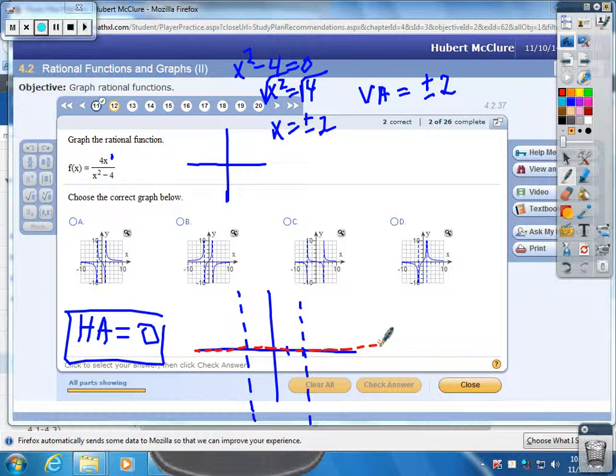Let's see, what are these? This is 2, 4, 6, 8, 10. This is wrong. Why? Because we established positive, negative 2, instead of positive and negative what? 4. What's wrong with this one? Wait a minute. 2, 4, 6, 8. Okay, that was okay. I was thinking it was 1. Okay, so far this vertical asymptote and the horizontal asymptote looks okay.